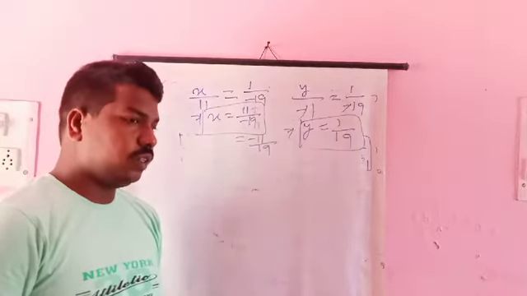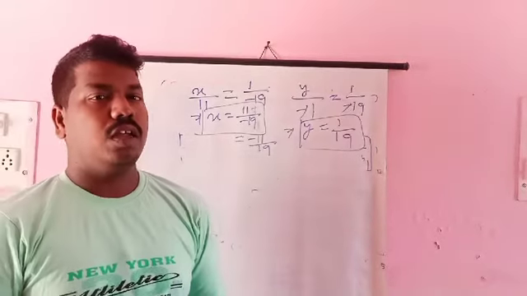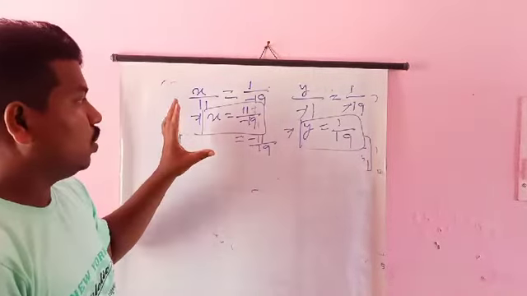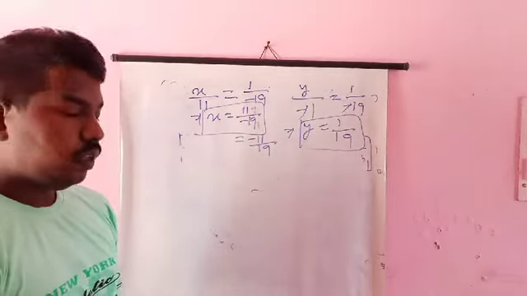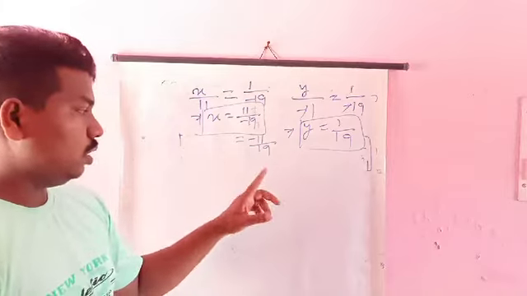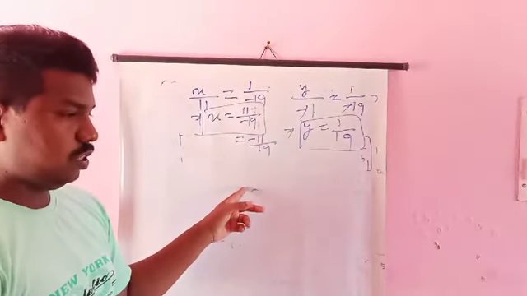In today's class, we discussed the algebraic method, which means solving the problem algebraically. There are three types of methods: first is the substitution method, second is the elimination method, third is the cross multiplication method.